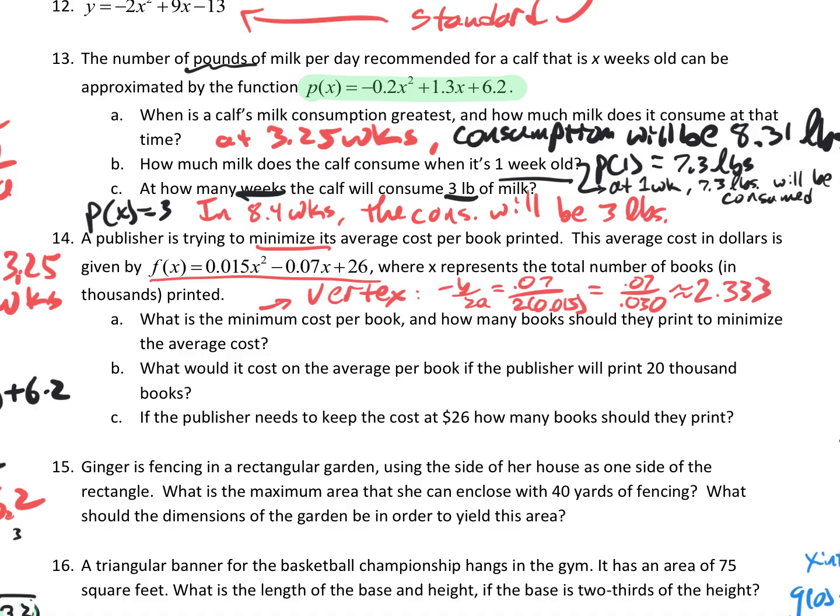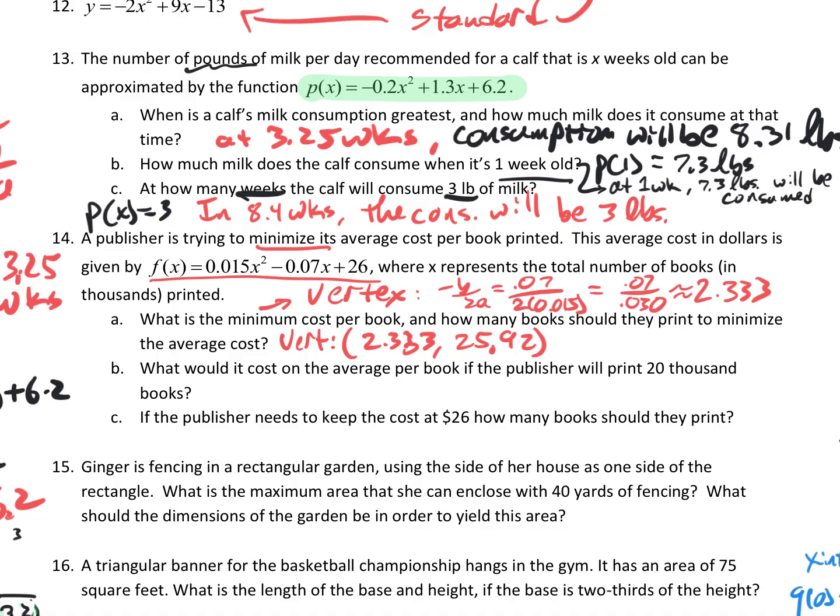All right, so that's the x value. So that's the number of books in thousands. Okay, so if we plug that into our formula and get our y value, then we'll get our answer. So the vertex is at 2.33. And then we plug that number into our equation there, and you'll get 25.92.